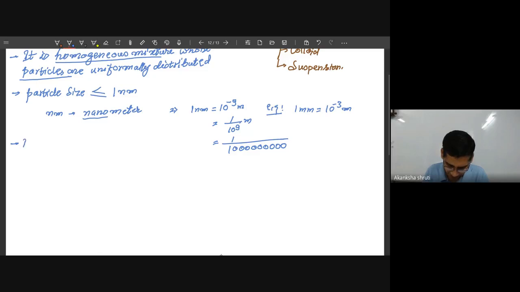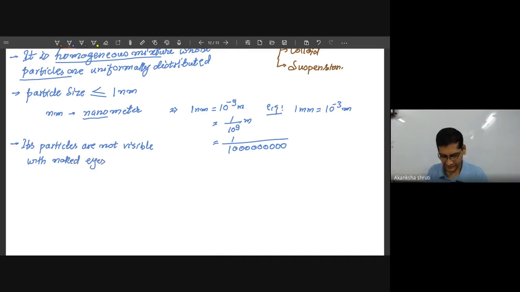So its particles are not visible with naked eyes. It means openly, if you want to watch this particle, you cannot observe.